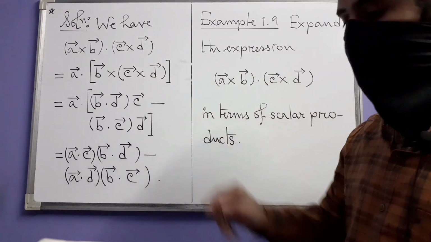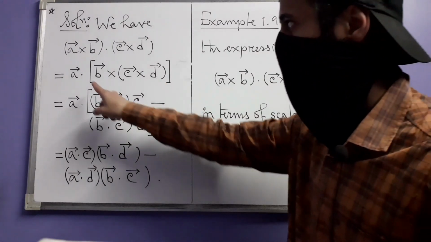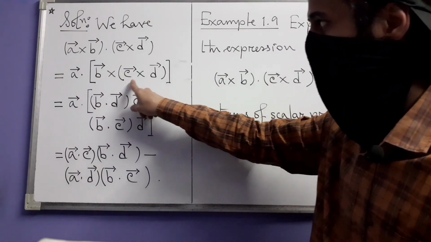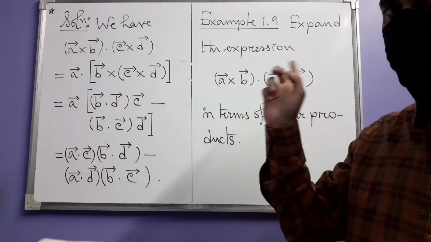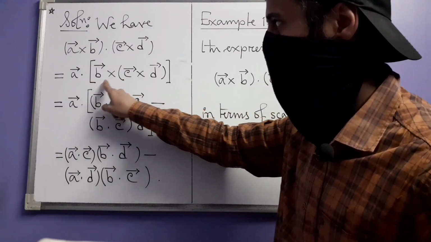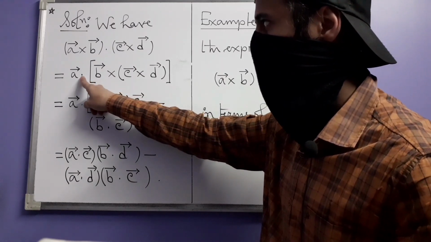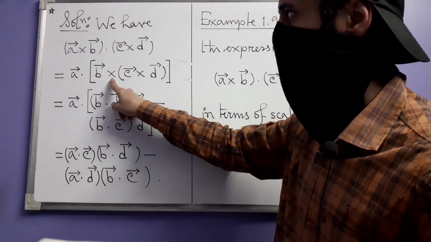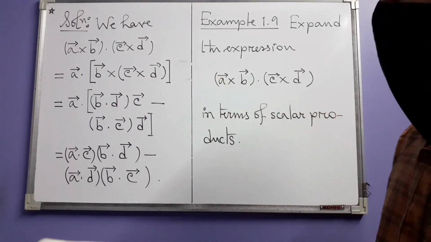This is actually a triple scalar product of three vectors A, B and C cross D. And the property that we saw there allows us to interchange the positions of dot and cross. So the cross goes there and the dot comes here. That way we get this. So that means this is really equal to this.